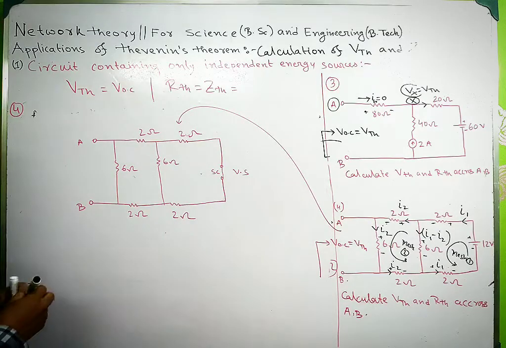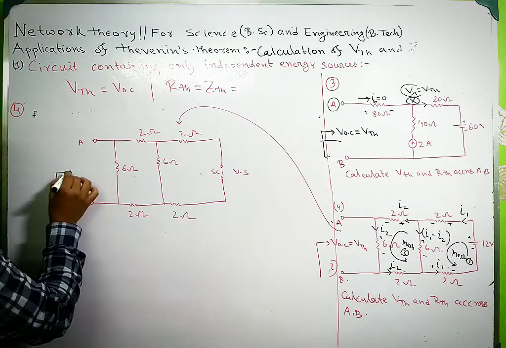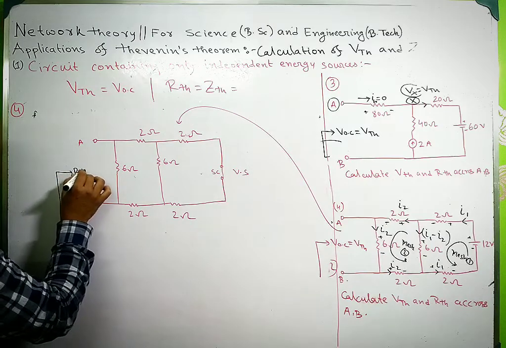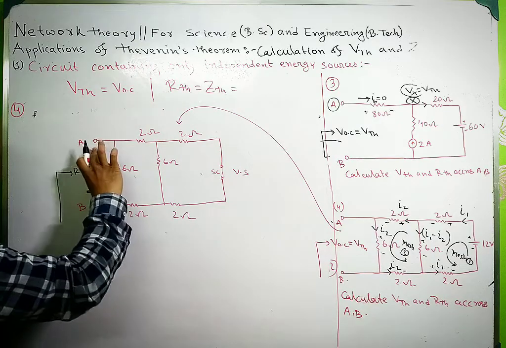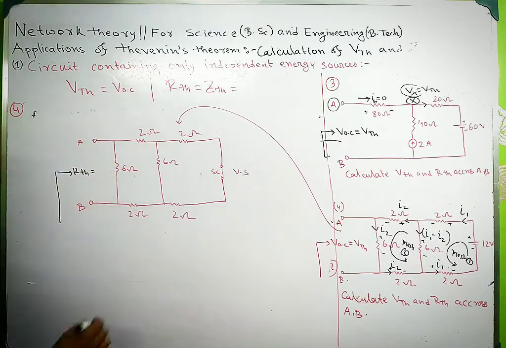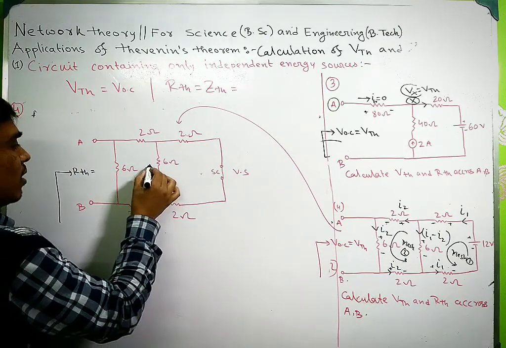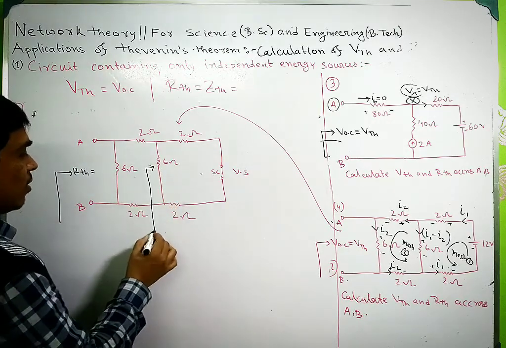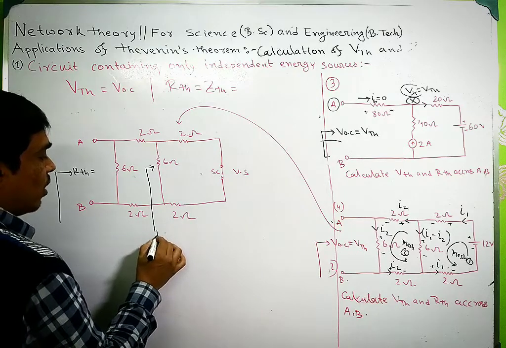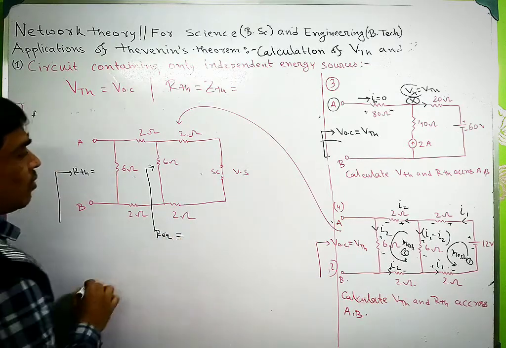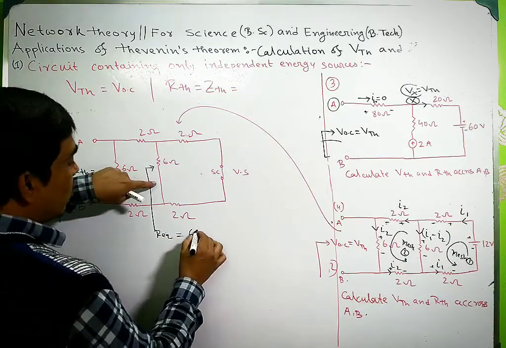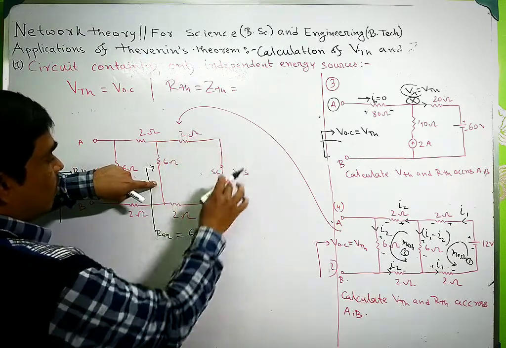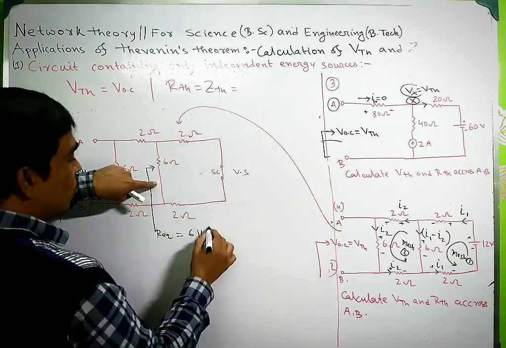Okay, so the RTH will be the equivalent resistance seen across this terminal. So what will be the equivalent resistance from these 2 points? R equivalent equals 6 parallel to 2 plus 2.